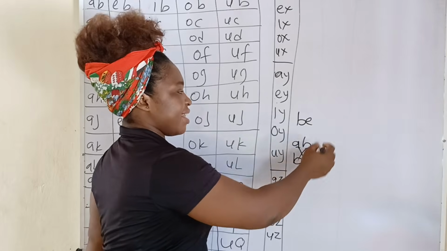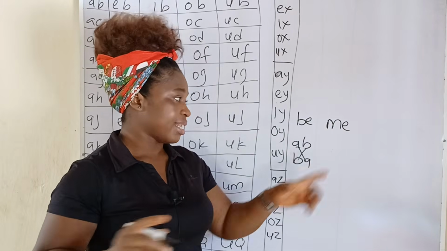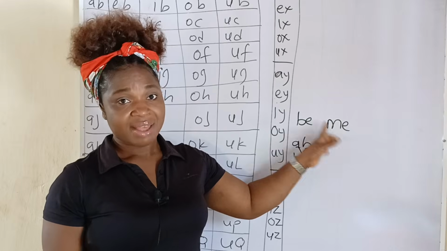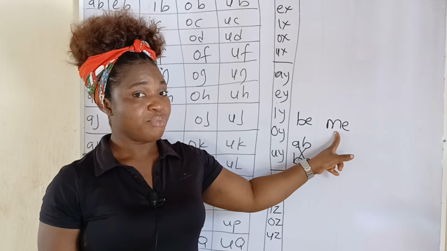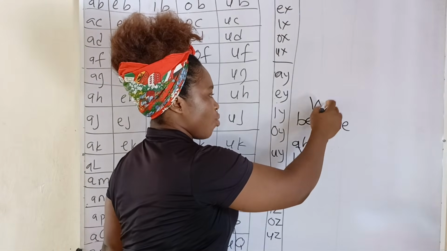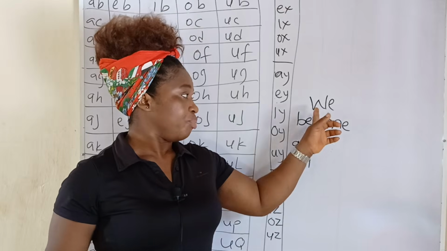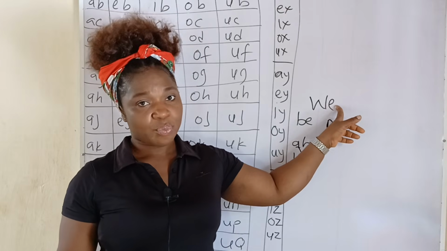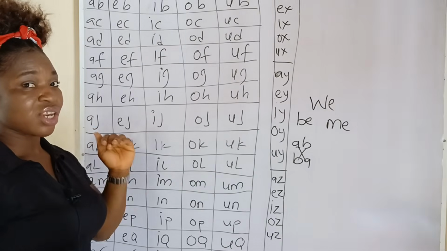Again, if I want to write M-E, this is pronounced as me. Me is a sound, but as a two-letter word, it is me. Again, if I want to write the word we, it is still sounding E, because it has an open syllable.